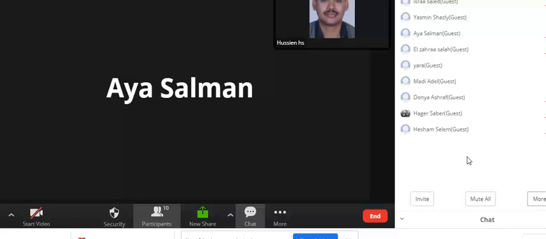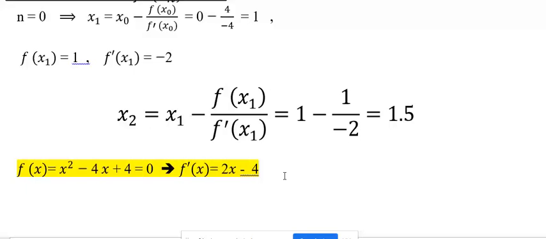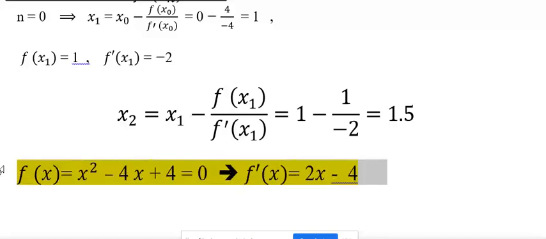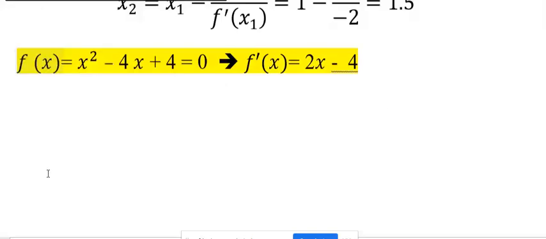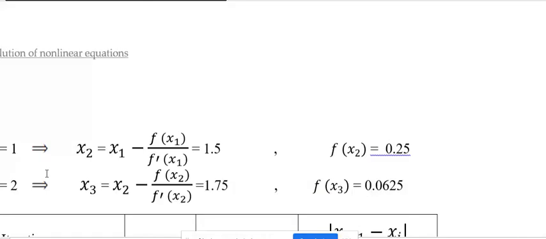Aya Salman, you must evaluate the value of f of x at x equal 1.5. Please tell me what is the result. This is the function here with you. So we have f of x2 equal minus 1. Let's take it from down.